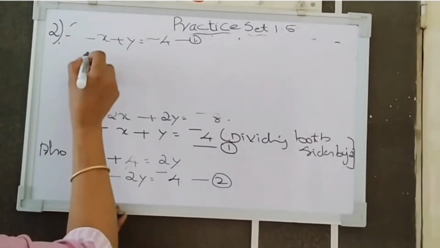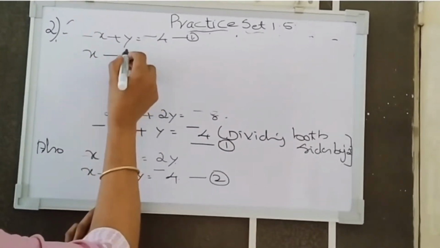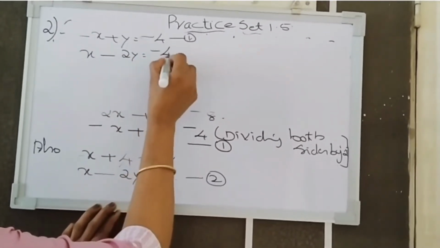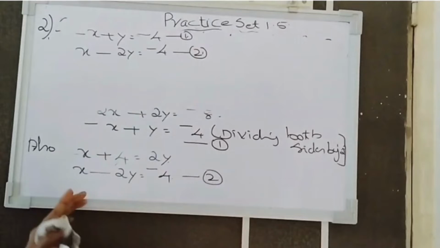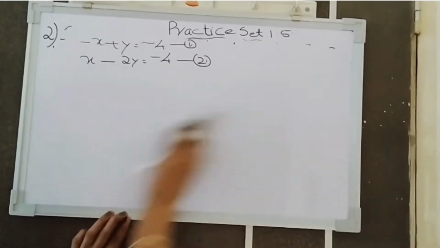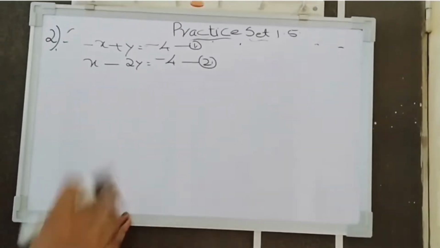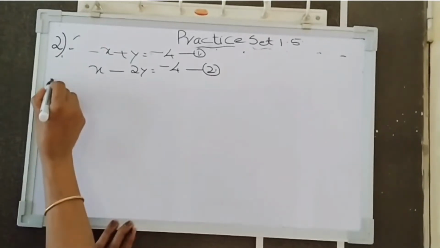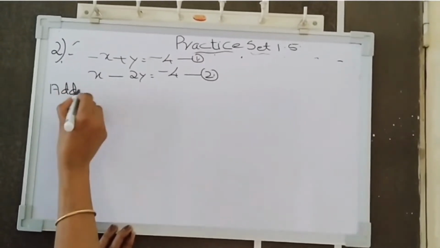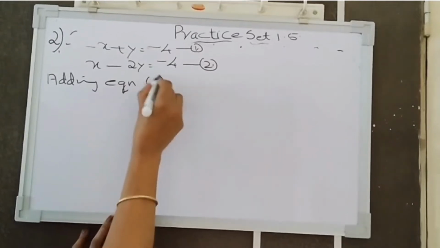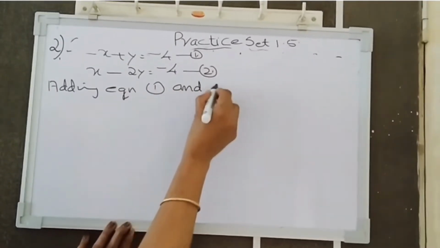And the second one, x minus 2y equal to negative 4, equation number 2. Then by the elimination method, you have to find out the values of x and y. Here, add equation 1 and 2.